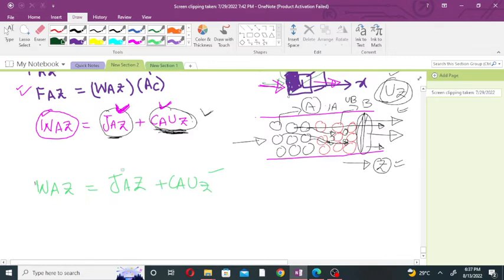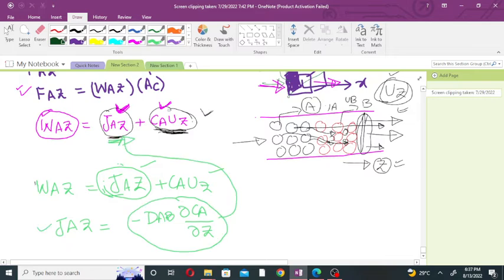But from Fick's law of molecular diffusion, we know that this diffusional flux can further be written as JAz is equal to minus DAB dCA, change in concentration in the z direction. So in place of JAz we will write this term, and this will be in its place.